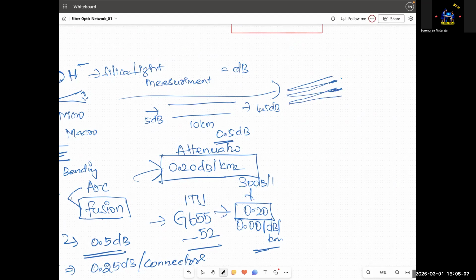This is called interference. In a more scientific way, you could say both waves are interfering with each other. That is a phenomenon.